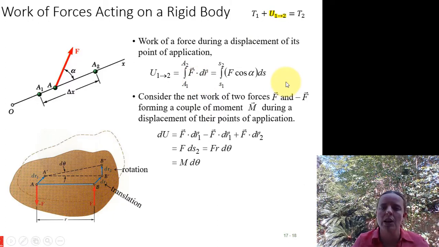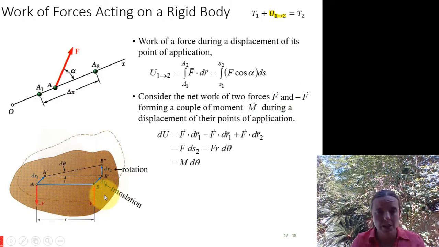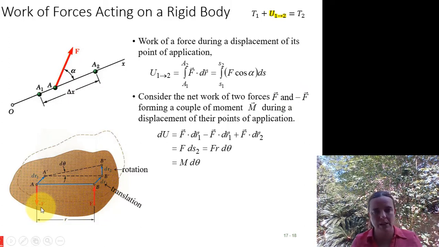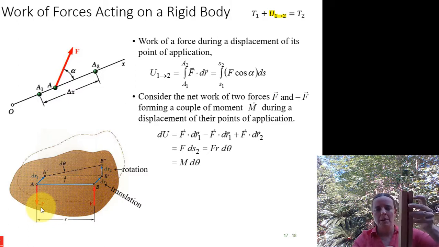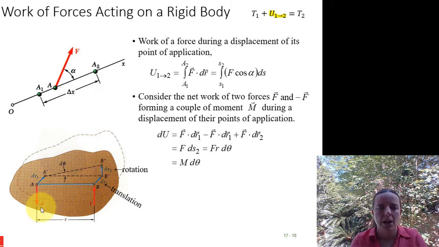Okay, for a moment. So this is getting into the rotational part. Remember, a moment is created by a positive force and a negative force. So if you have some object and you want it to turn, you would need two forces, right? So if I have one force pushing it this way and one force pushing it that way, the combination of those equal and opposite pairs of forces are going to get this thing to start rotating.